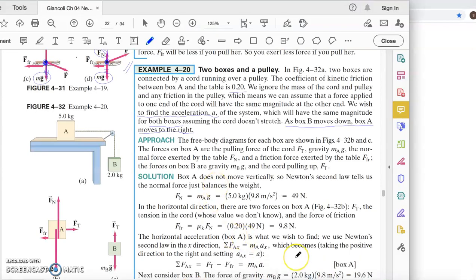All right, and now we will go to example 420. This is the situation of two boxes and a pulley.